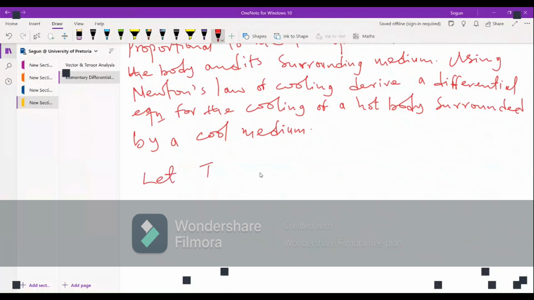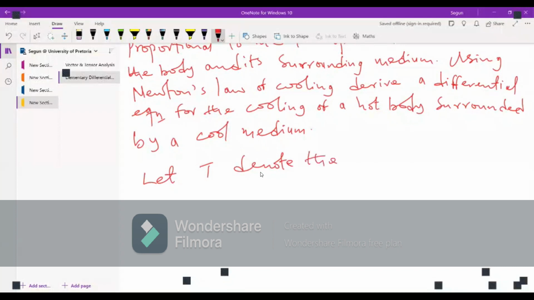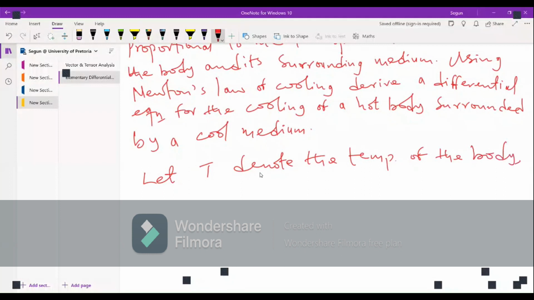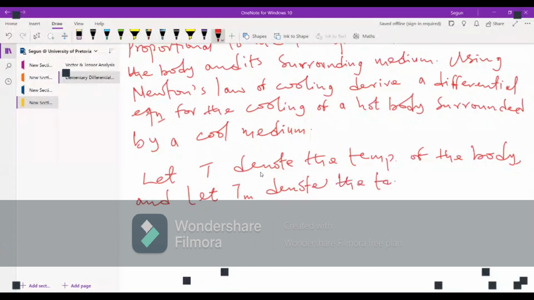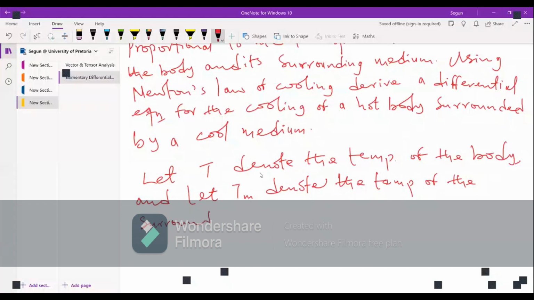Let T denote the temperature of the body, and let T subscript M denote the temperature of the surrounding medium.